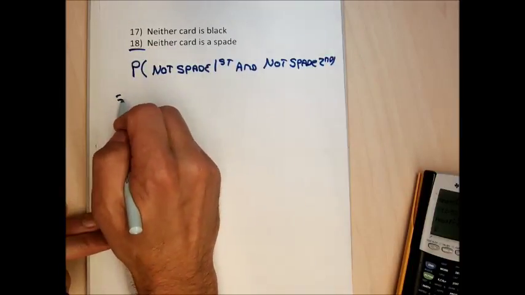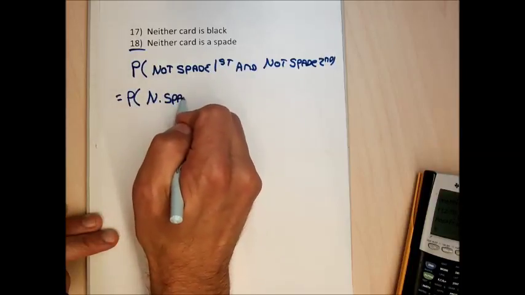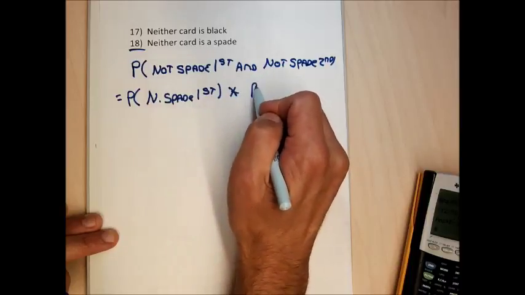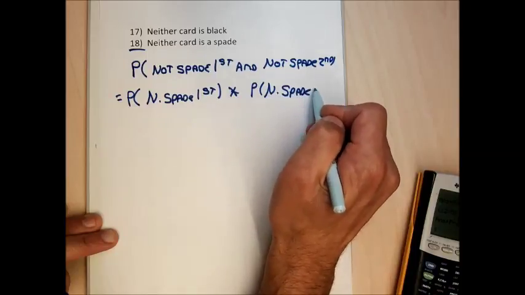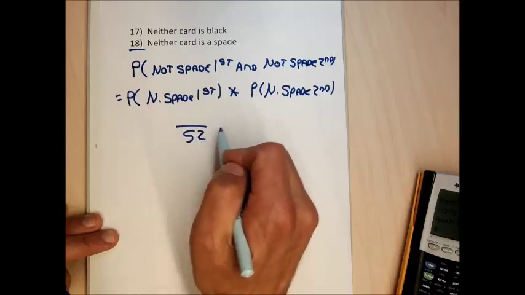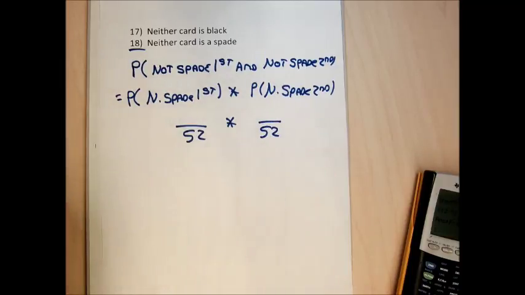And that's the same as getting a probability of a not spade first times the probability of getting a not spade second. Both the denominators are going to be 52 because I'm putting back the card that I get on my first try. And I just need to count the number of not spades.